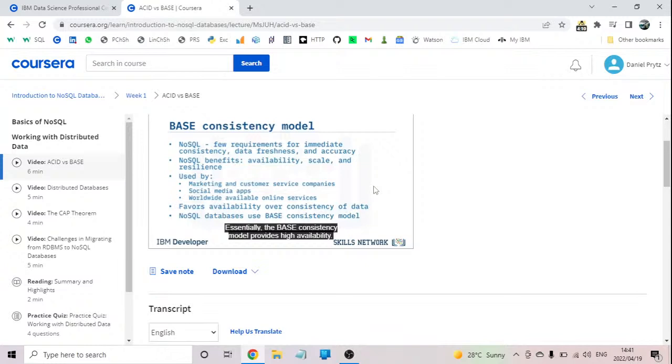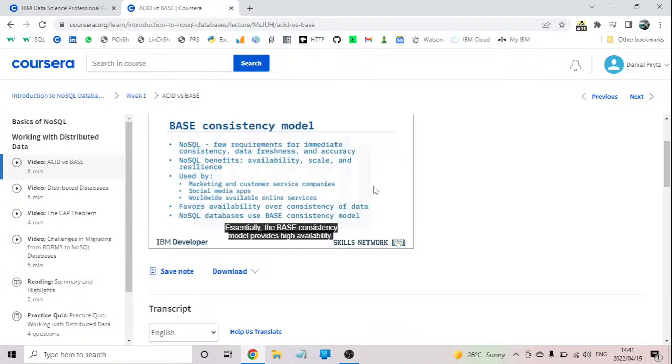NoSQL databases use the BASE consistency model.